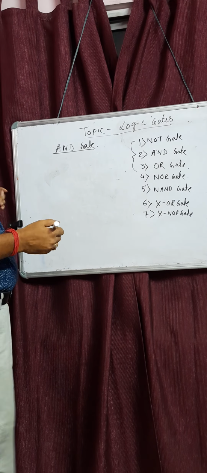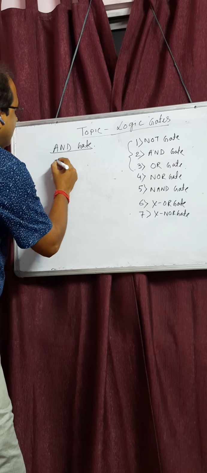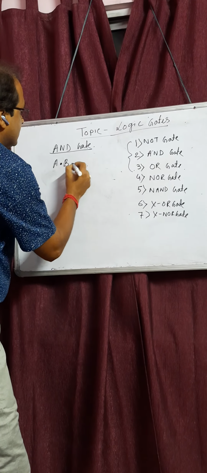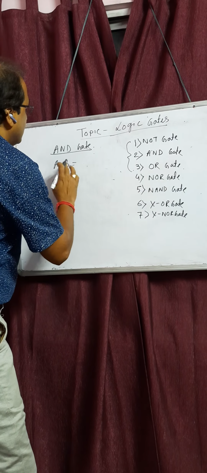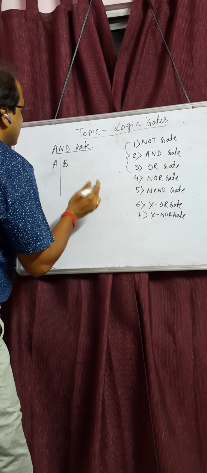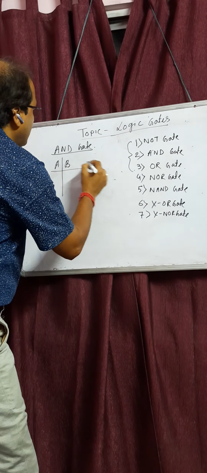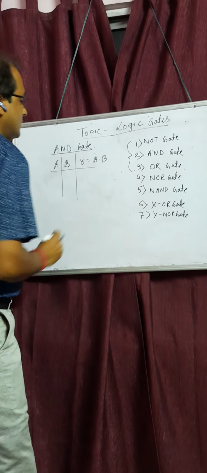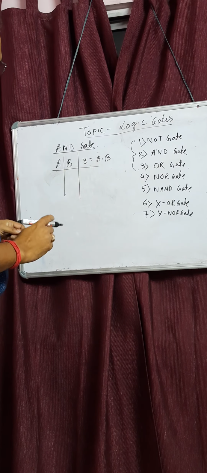That means if we apply A and B, two inputs, that gives the multiplied output. Output will be Y is equal to A dot B.